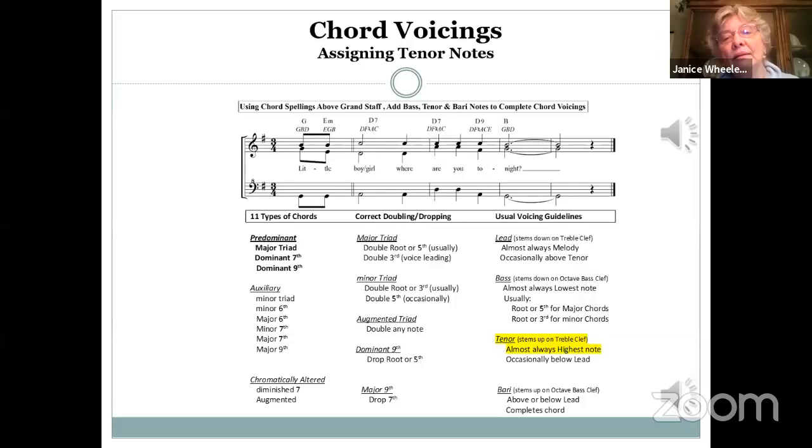So we'll move but we can still keep the tenor on the C, and that would be across that measure, and then the B for the final chord. So as you can see, that makes a very smooth line for the tenor, and tenors love that, and it's good for barbershop harmony.